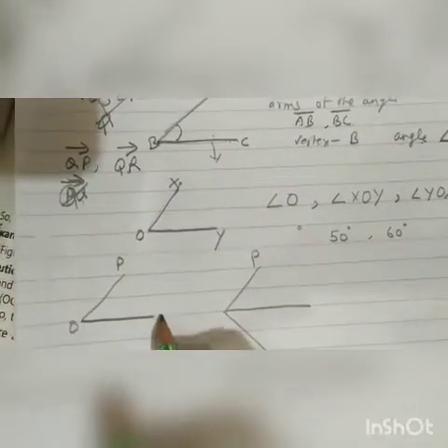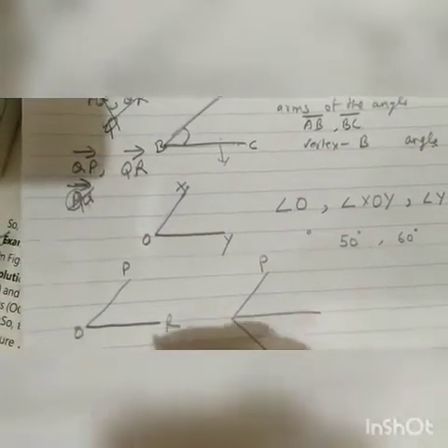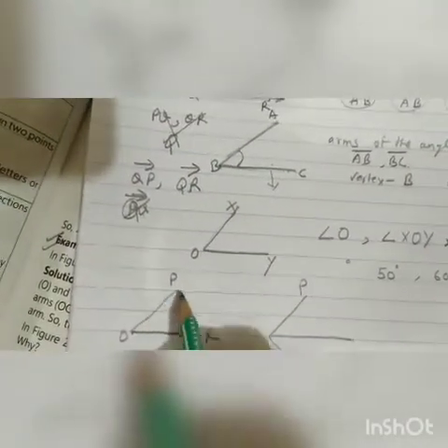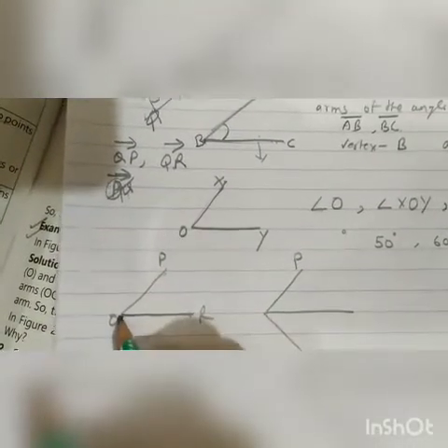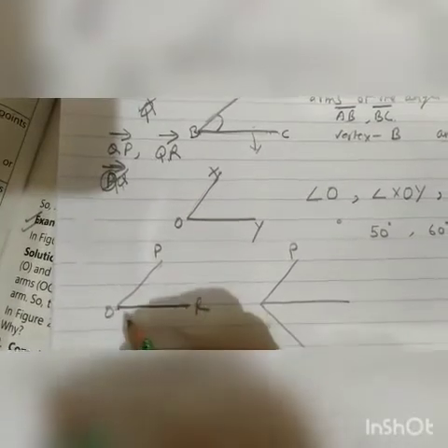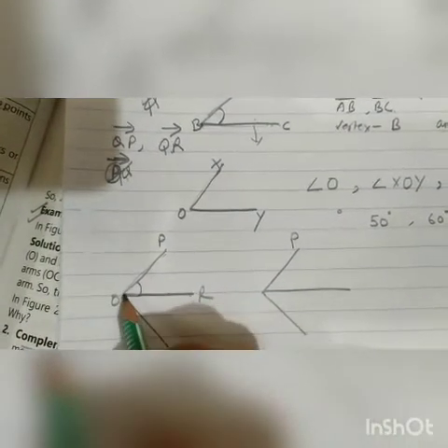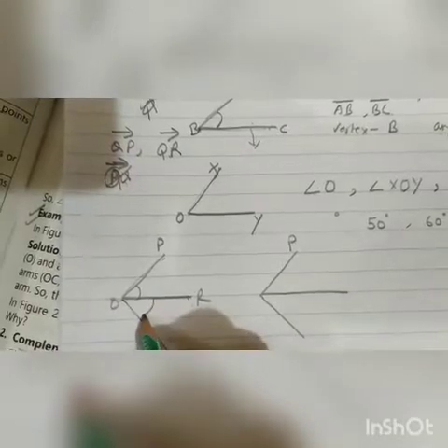This is one angle POR. Clear? And I am drawing one more angle from the same vertex. Its arms are PO and OR. These are the arms of this angle and its vertex is O. I am drawing one more angle from this vertex like this. I have written Q here. Now there are two angles. The first angle is POR and the other angle is ROQ.